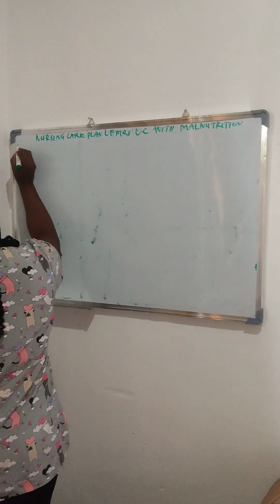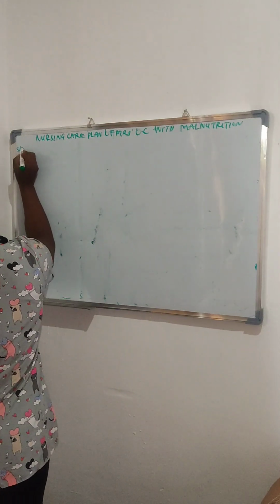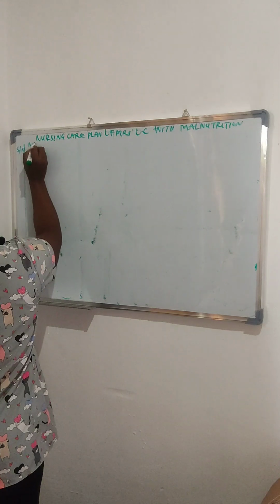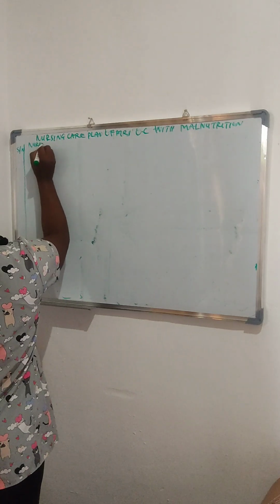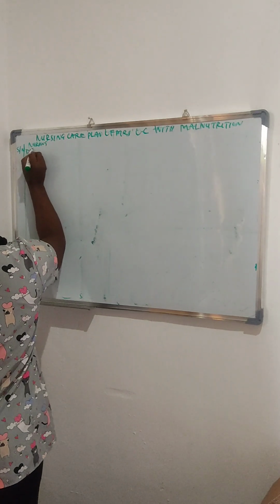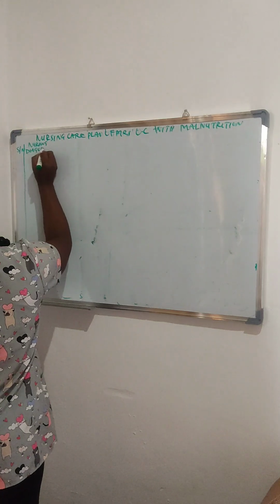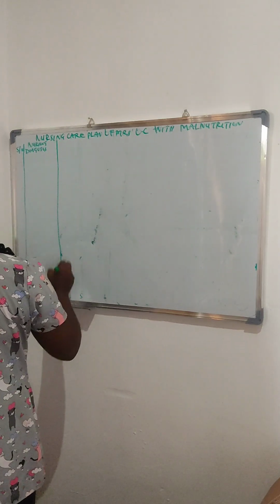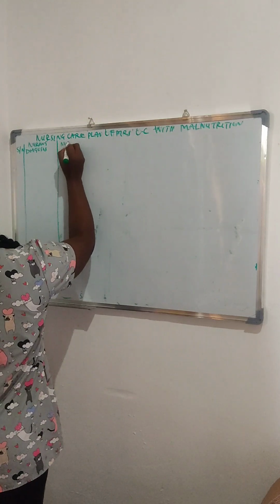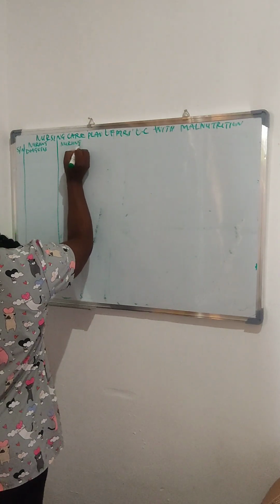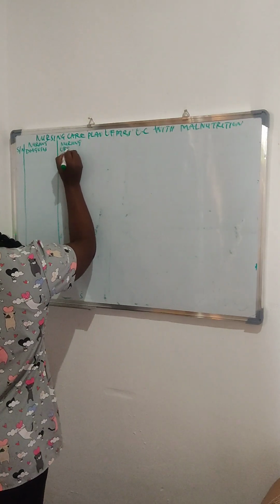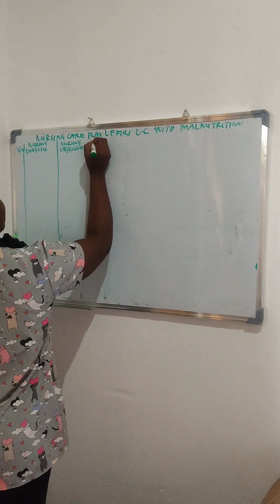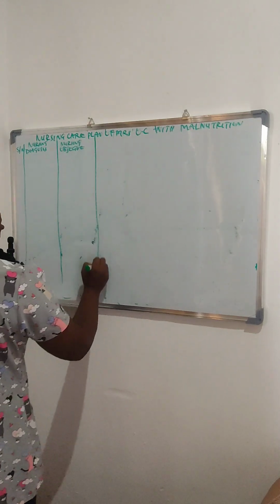So the first thing we are going to draw now is the serial number. You drag it down. The next one, the nursing diagnosis. The second one, nursing objective. You drag it down.